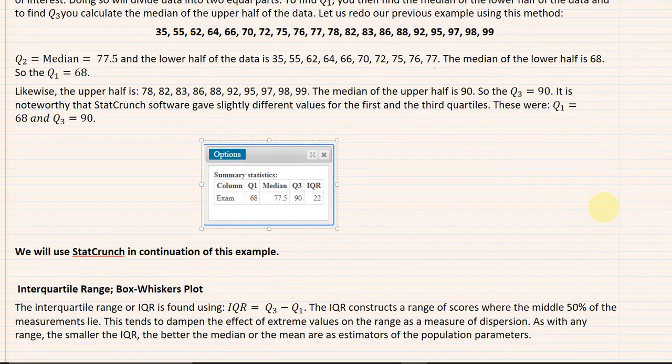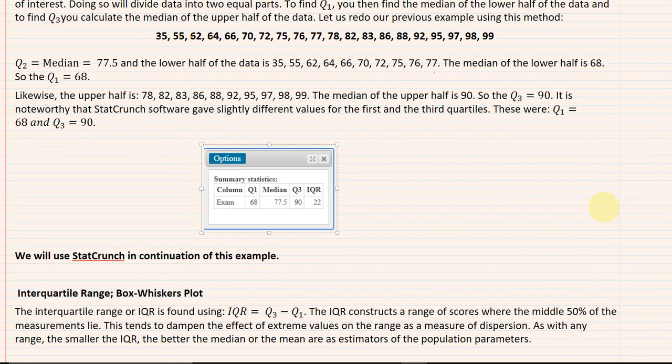Now let's take a look at something that we can get from just Q1, Q2, and Q3, and that is the interquartile range. We can use Q1 and Q3 to find the interquartile range, and that's what IQR stands for.